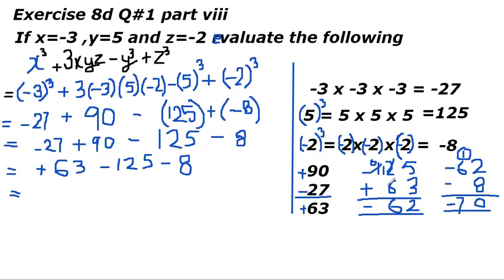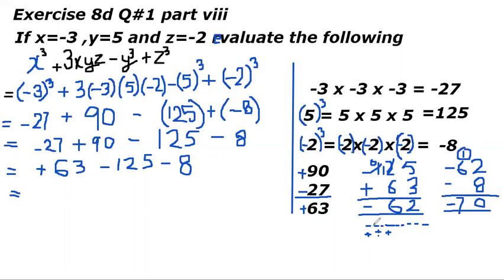Okay, these are big numbers. For example, negative 125 signs means that, like this, these are negative 125 signs. And positive 63 signs means these positive 63 signs.